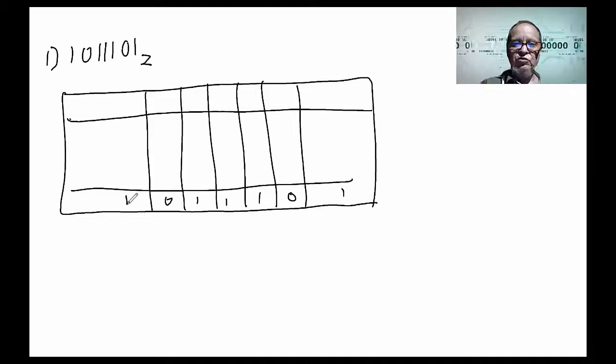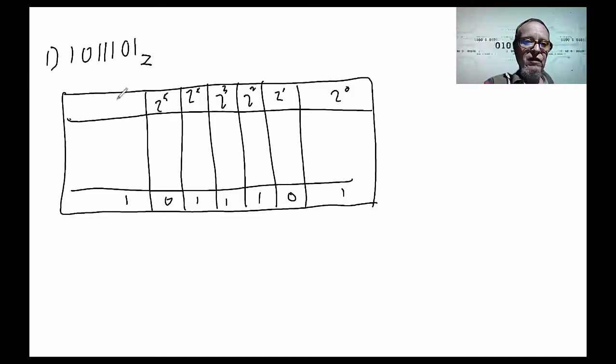And this is 2 to the 0, 2 to the 1, 2 to the 2, 2 to the 3rd, 2 to the 4th, 2 to the 5th, and finally 2 to the 6th power.